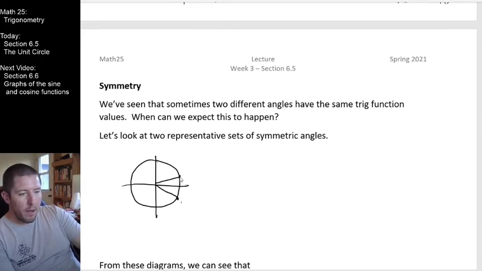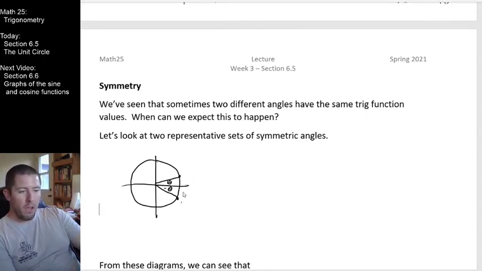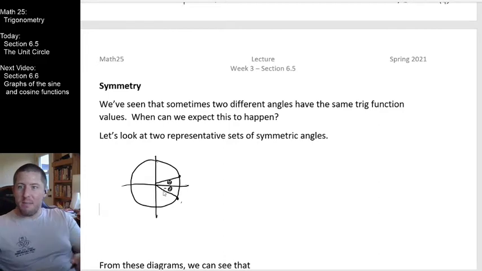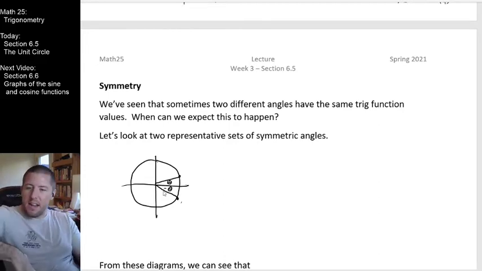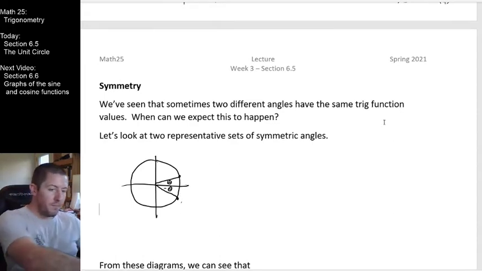All right, now, my diagram drawing here is not terrible, but it's not perfect either. So here I'm thinking about the two angles of positive theta and negative theta as I've drawn them. I wish that my points were perfectly vertical of each other, because that should be what's happening if you open the exact same amount of angle in the positive direction versus the negative direction. And what I can see in this diagram is it looks like the cosines of these are the same because the widths are the same.